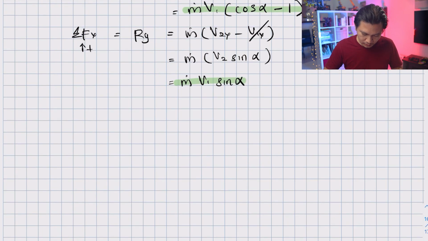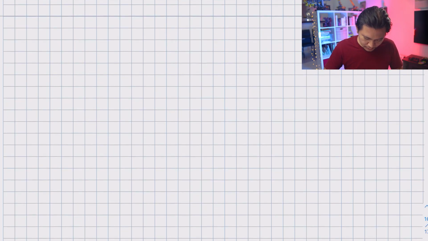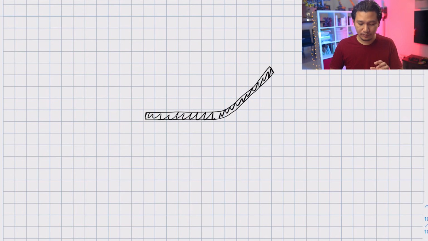Now, let's draw an almost similar deflector. The only difference from the stationary deflector is that this deflector is on top of wheels, so it is free to move left and right.